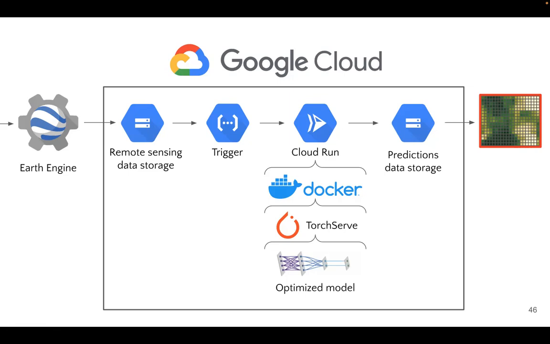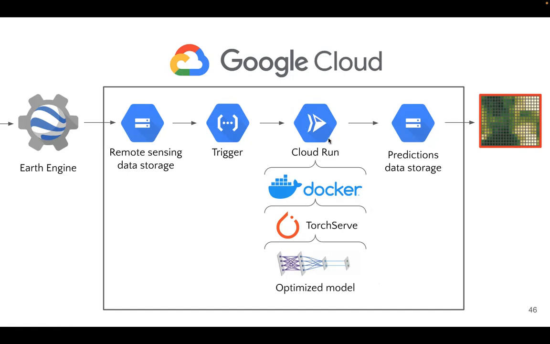The way it does that, going to the bottom of this: we take the model that we trained, and we take an optimized version of it that runs super fast, and we package it into a torch server. That's a way to expose it through HTTPS or HTTP requests. Then we package this server into a Docker container, and this Docker container is deployed through Cloud Run.